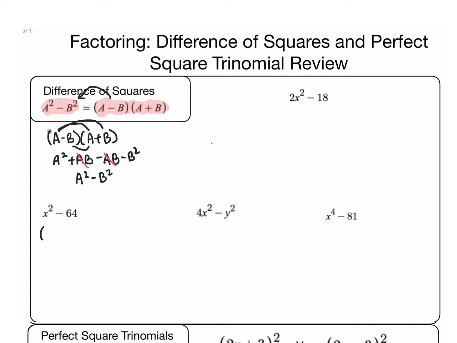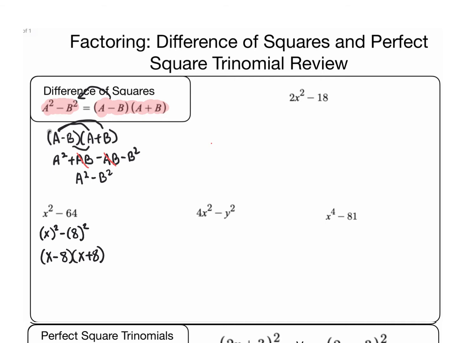To show that we have two things that are squared, we think about that 64 and ask, how can we write 64 as a perfect square? We may have guessed that it might be 8 times 8, or 8 squared. So I'm going to use that factoring pattern and say x minus 8 and x plus 8, okay?